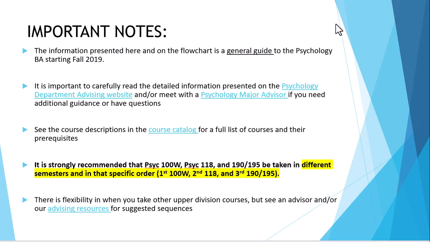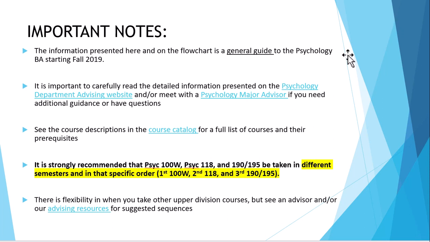All right, so before I wrap things up, just some important points that I want to stress to you all. So basically what I'm presenting to you here in this video is a general guide to the psychology major that we began in fall of 2019.